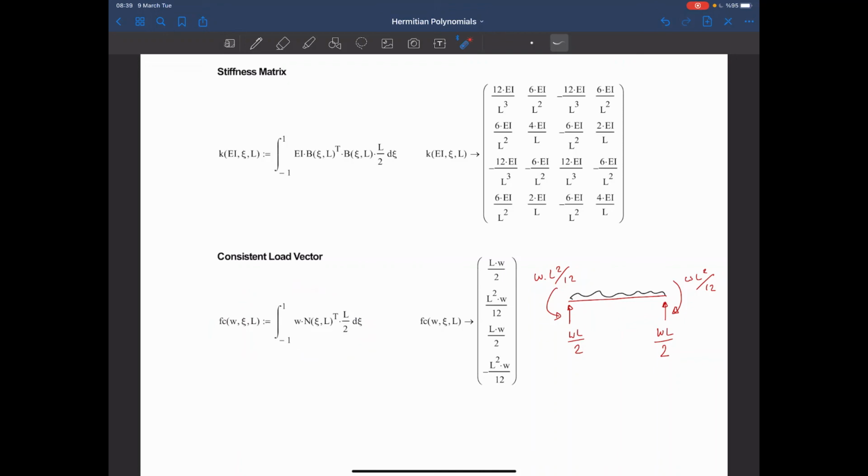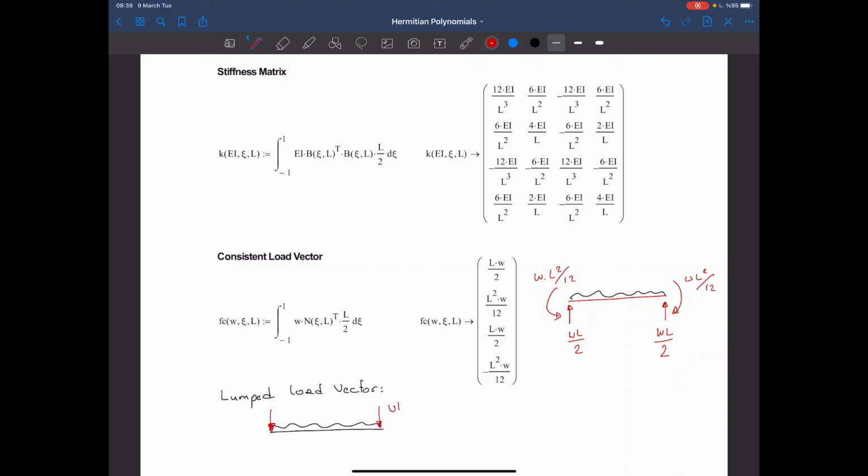And in the future we will see the lumped vector, which is easier to calculate for some types of elements. And in the lumped vector, for example, let me write it here, lumped load vector. This is not energy equivalent, but it is easier to calculate. So if you have a distributed load like this, you just lump the load to the nodes as follows.